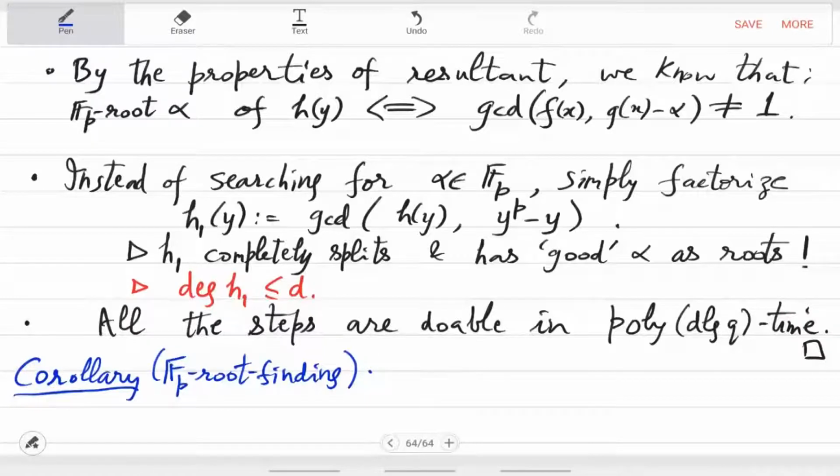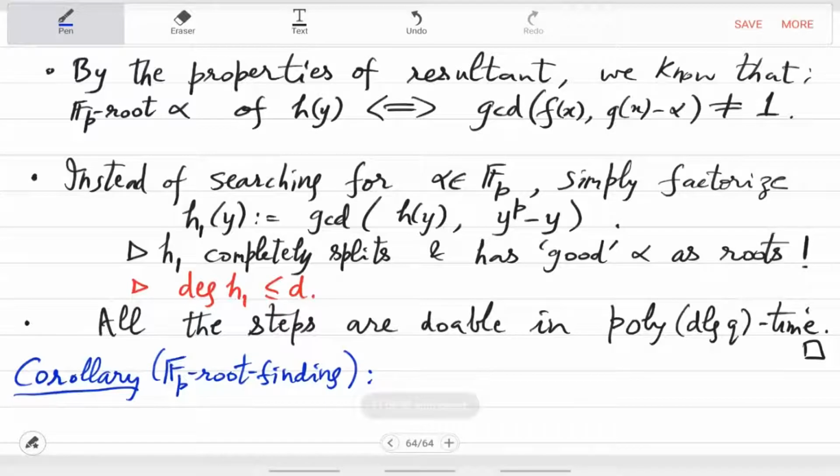Okay, you don't need to find quadratic irreducible factors, cubic irreducible factors, and so on. So you only need to find linear factors, which is equivalent to finding roots. And roots, remember, they are only numbers from 0 to p minus 1, right. So if you can just find FP roots, then you can solve everything because of this reduction. In this reduction, ultimately H1 only has roots and they are all distinct.